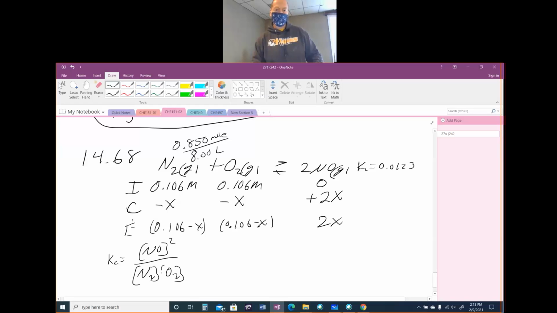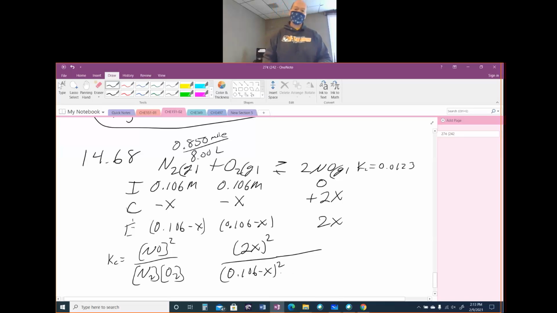All gases all go in their expression. All right, so we put in our numbers. We have our 2x, that is squared. Then we have our 0.106 minus x, and then we have our 0.106 minus x. So you can write it again. What I'm going to say is squared. So it's 0.106 minus x squared is 0.0123.